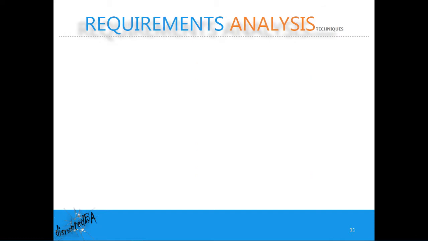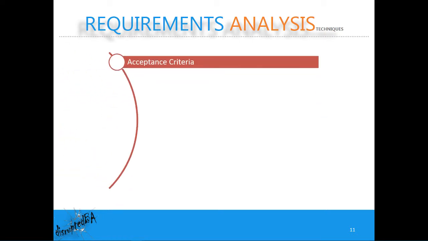So some of the techniques that we would use during the analysis phase are the following, and there's a huge list. This is by no means all of them, but these are the most common ones that you'll come across. The first one is acceptance criteria.